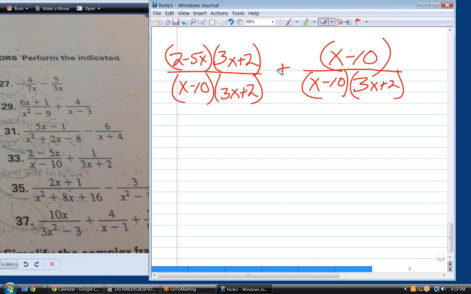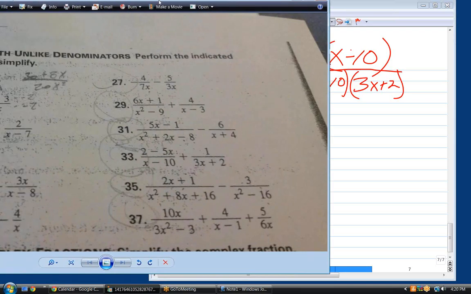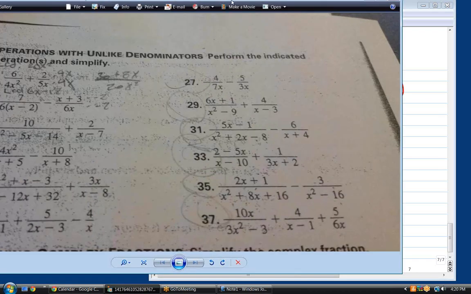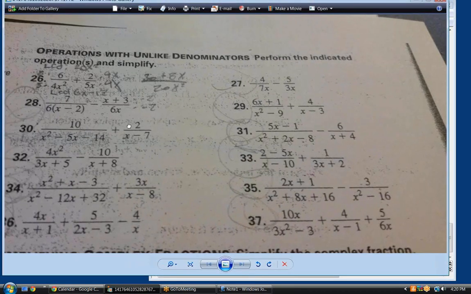That'll always work, whether that's a plus or a minus. And then, of course, the next step would be to multiply these two together, remove the parentheses, simplify the numerator. All right. That was 33.